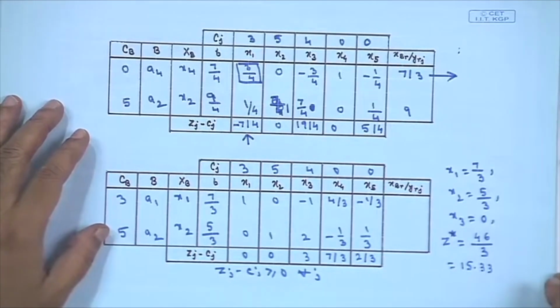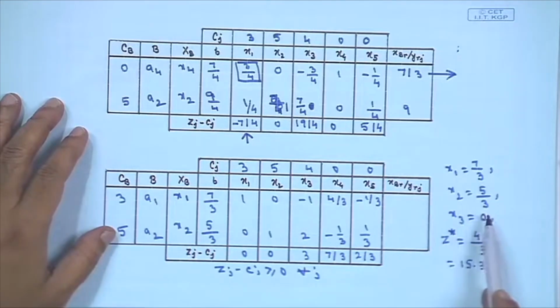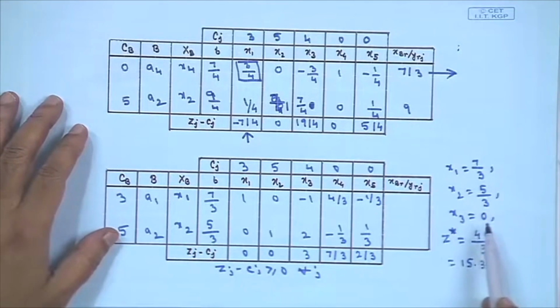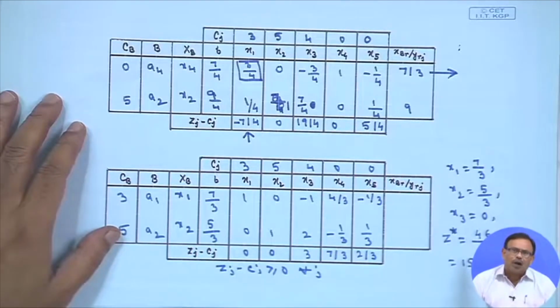So, one can say that to obtain the maximum profit of rupees 15.33, product X has to be produced 7 by 3, product Y should be produced 5 by 3 units, and no product should be produced for product Z. So, please note that to obtain the maximum profit, one has to produce 7/3 units of product X, 5/3 units of product Y, and no units for Z.